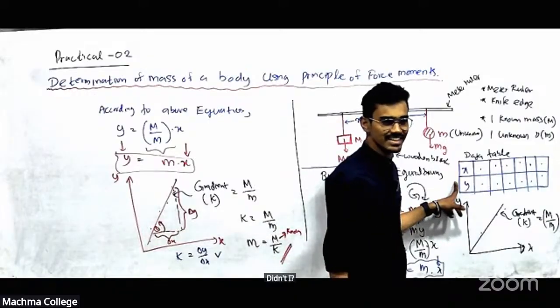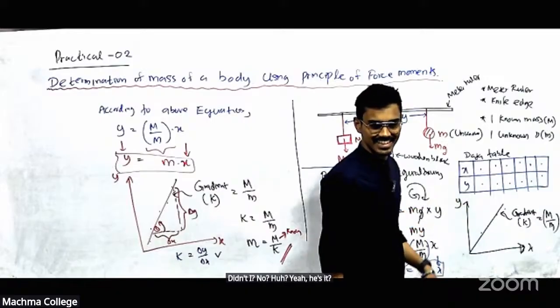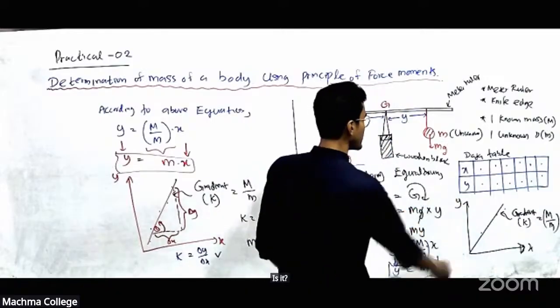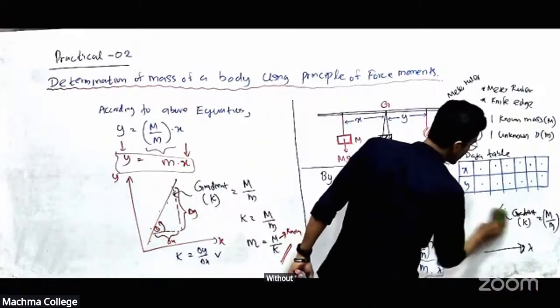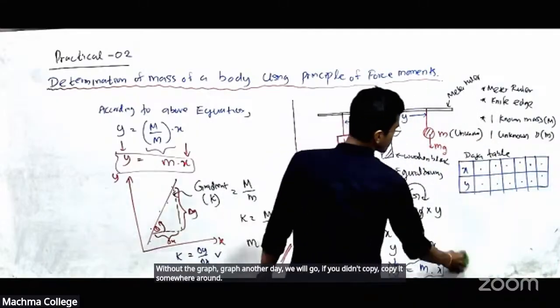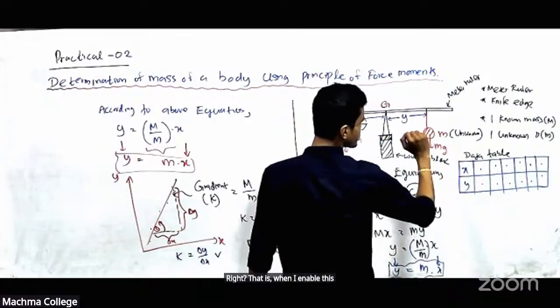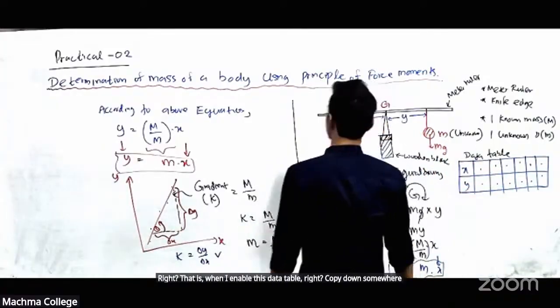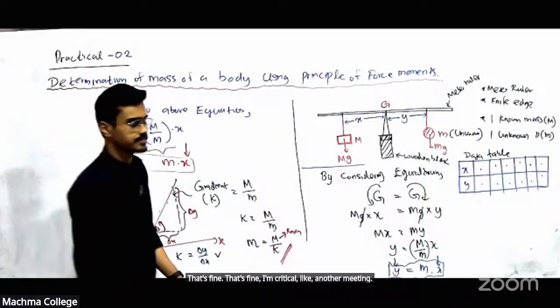Without the graph, copy the data table. If you didn't copy it, that is where I labelled this as data table. Copy it down somewhere around. That's fine. It's not that critical. Just copy it and keep it.